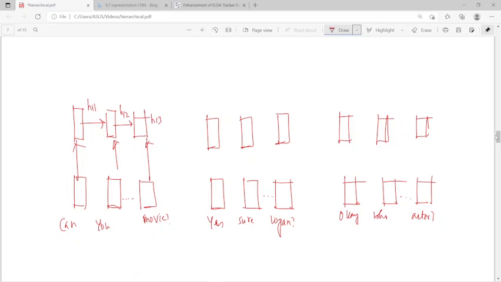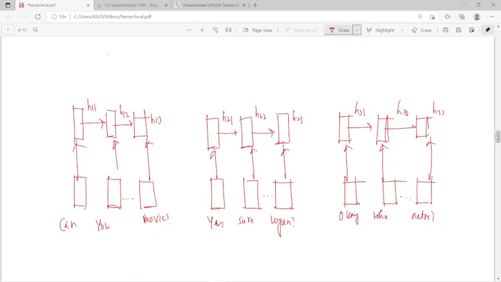H12, say H13, that is also where I am implementing attentions. This is H21, say H22, H23, and then I am getting H31, H32, H33.